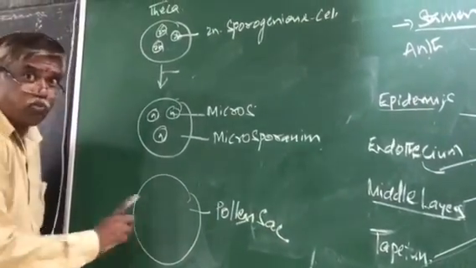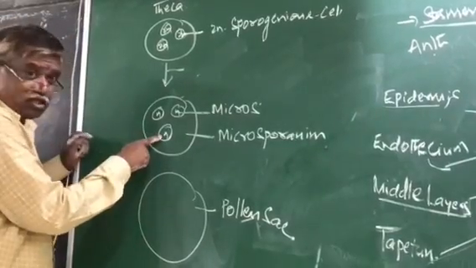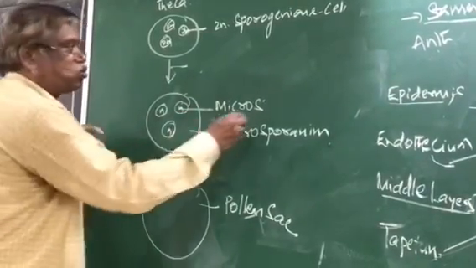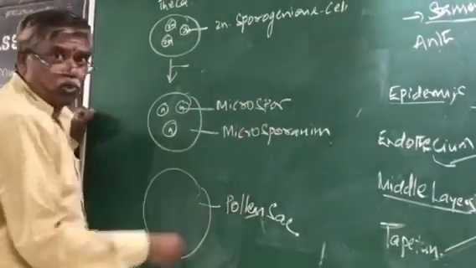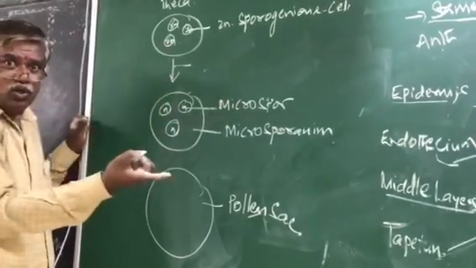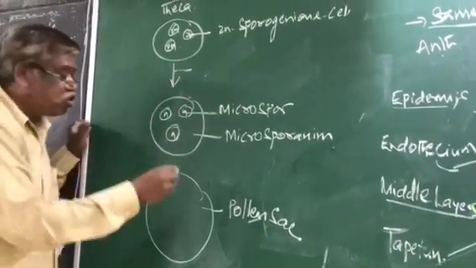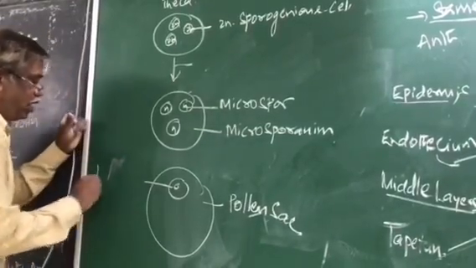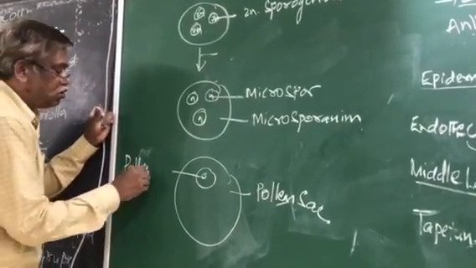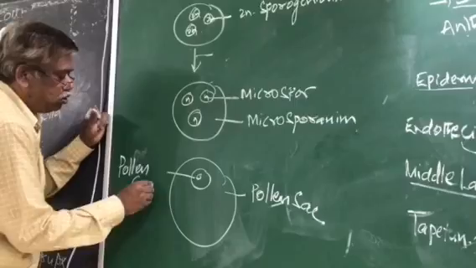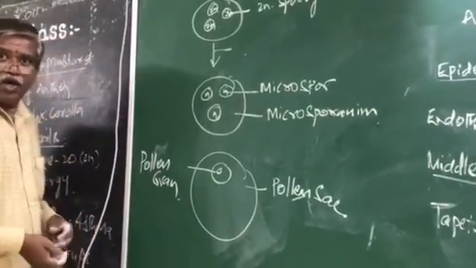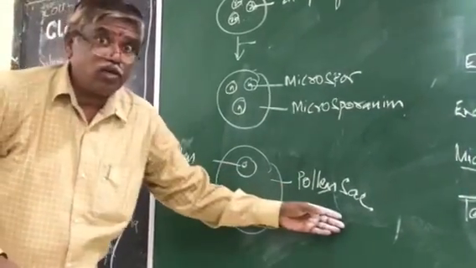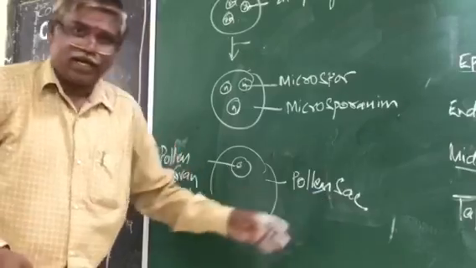When the microspores change into pollen grains, it is called pollen sac.